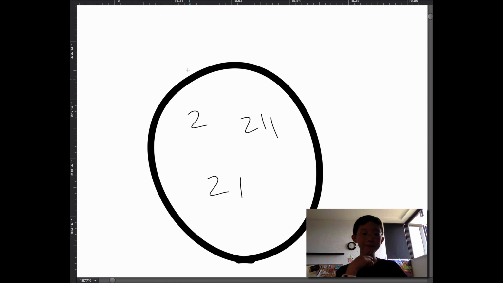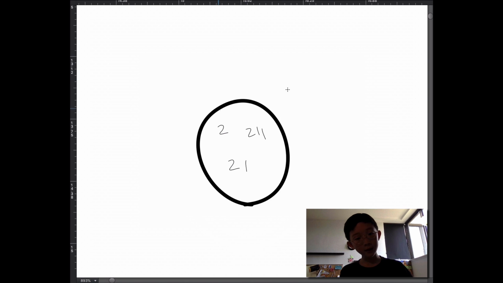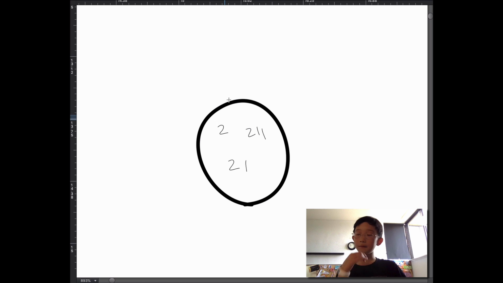You know what I mean. Okay, we're going to zoom out. So these are the real numbers. So these are known as the whole numbers.